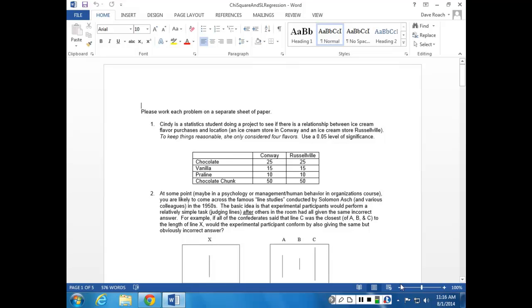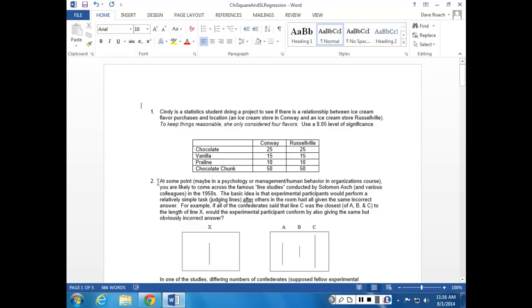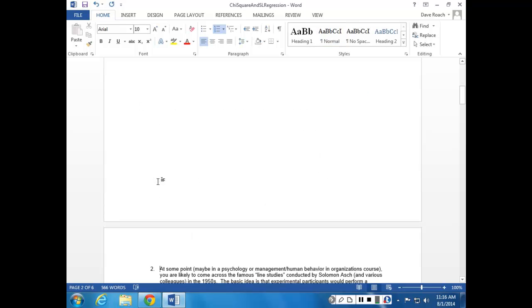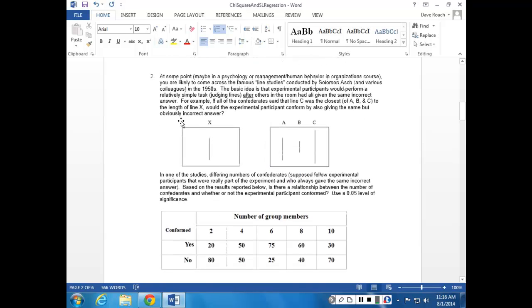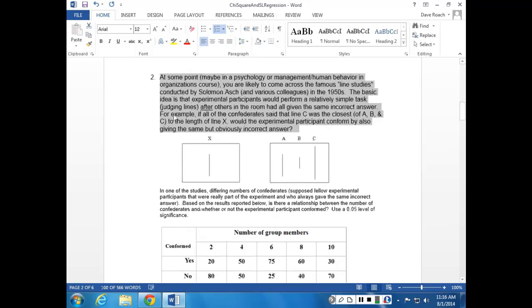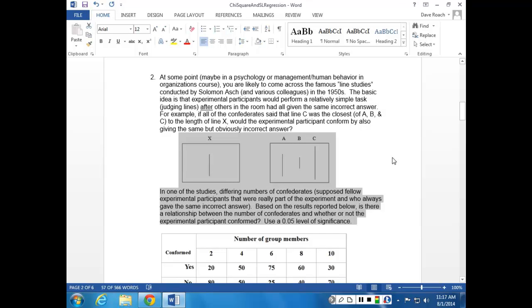Okay, I should have done this a little bit earlier. You look at number 1 on the sheet that I gave you there. So in this one, you probably have seen this before somewhere, either in your psychology class or maybe on the back of a cereal box sometime.